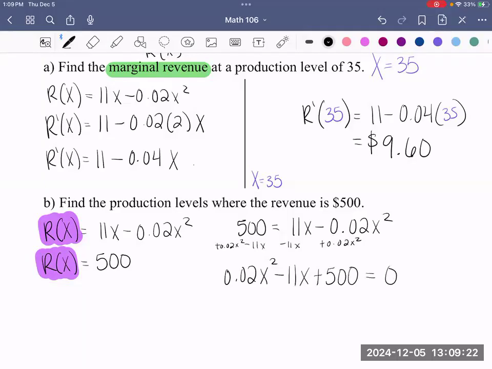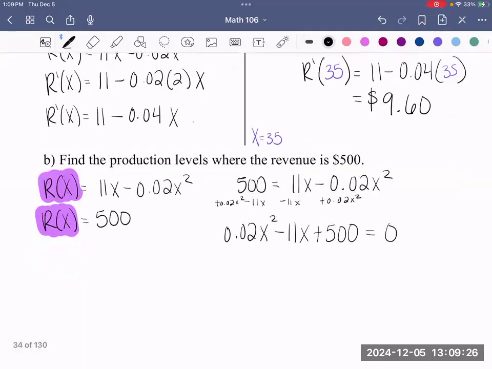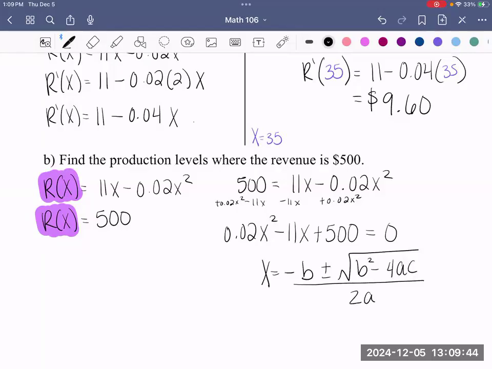Now, what did we do from here? Well, if it's not factorable, then we can always use the quadratic formula, where X is equal to negative B plus or minus the square root of B squared minus 4AC all over 2A, where A is 0.02, B is negative 11, and C is 500.